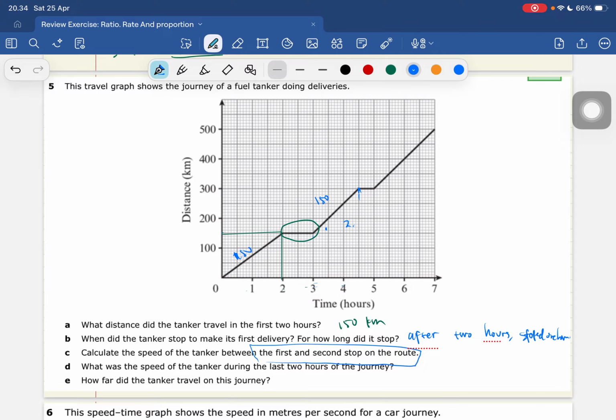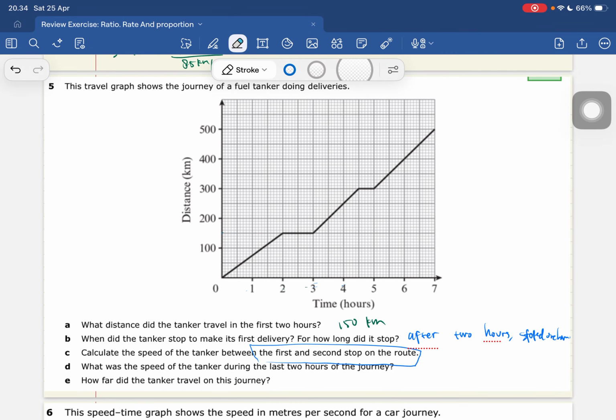What is the speed of the tanker between the first and then the second stop of the route? Okay, here is the first stop, here is the second stop. So the time from 3 to here is 1.5 hour. The distance is 150 km.